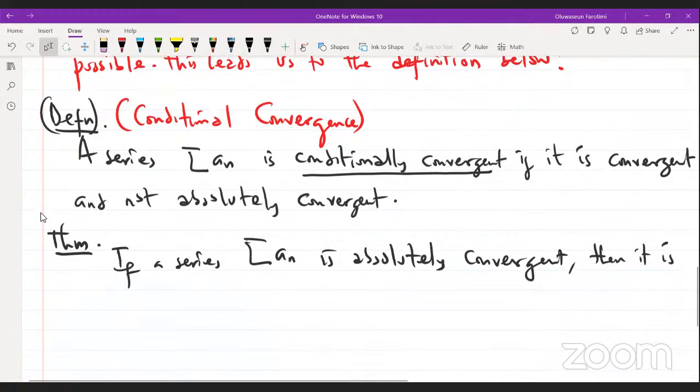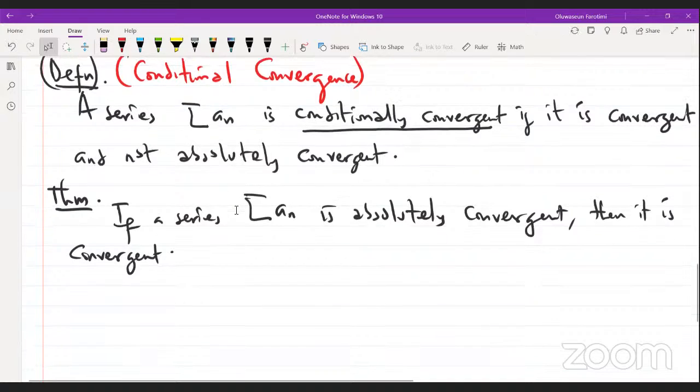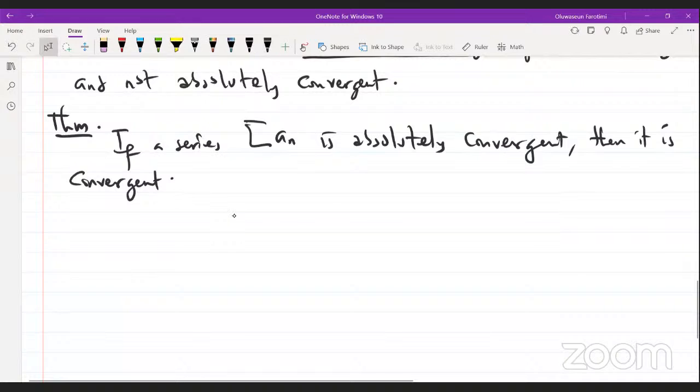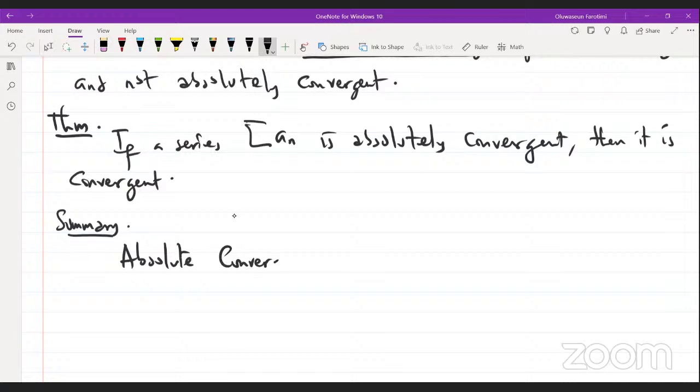Now, I'm going to write this in a way you guys are going to understand very well. Now, if I want to summarize this, let me just write a summary here. The summary is that absolute convergence implies convergence.